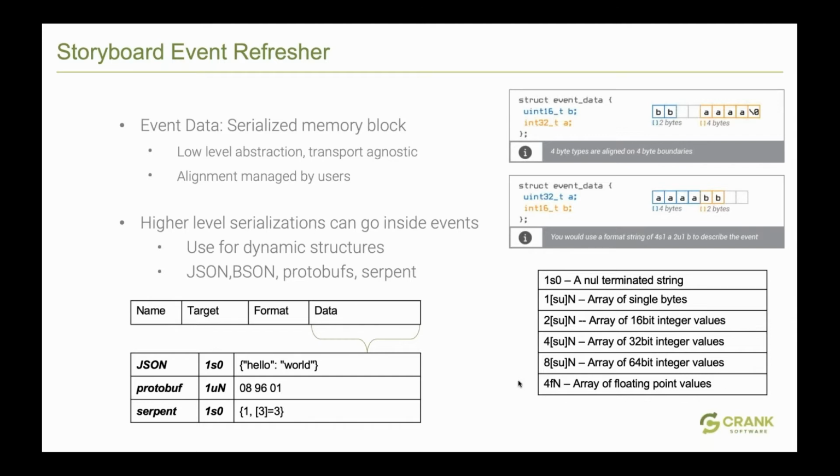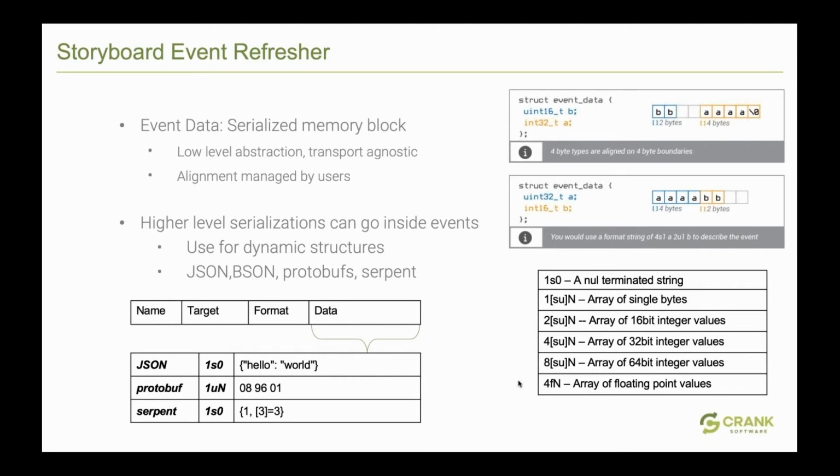And one of the caveats, and this is a bit of a plug for our Storyboard training course, where we go into this in a little bit more detail, is that because we are mapping down onto a contiguous block of memory, our event data has to be a little bit aware of alignment.